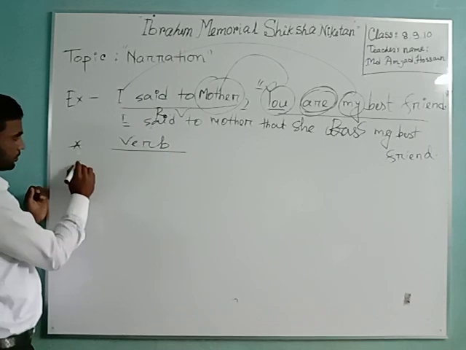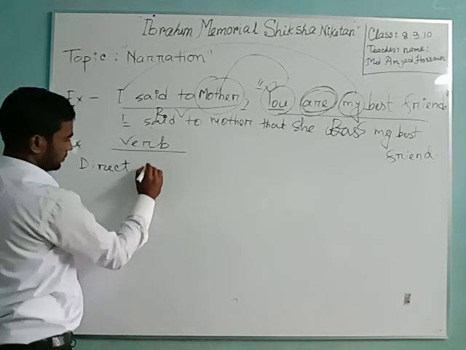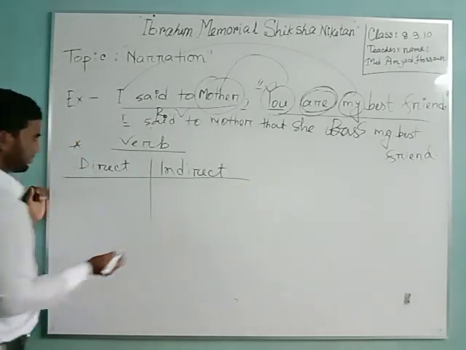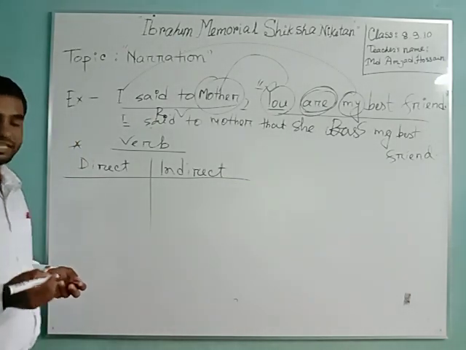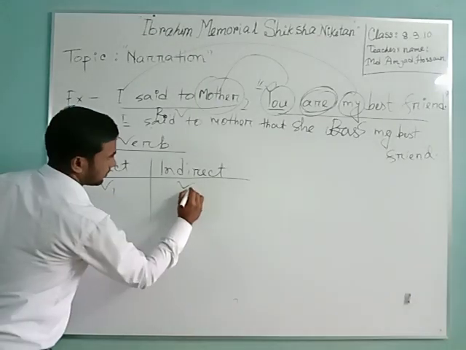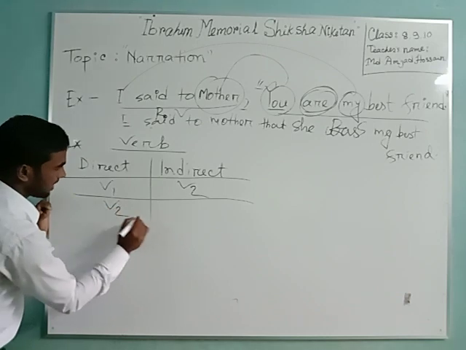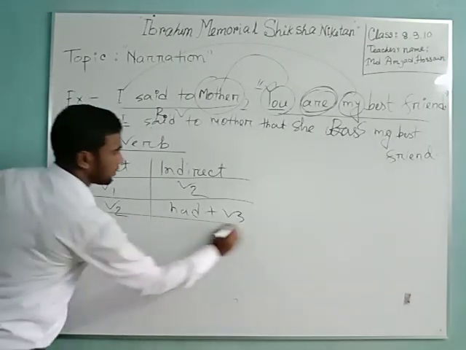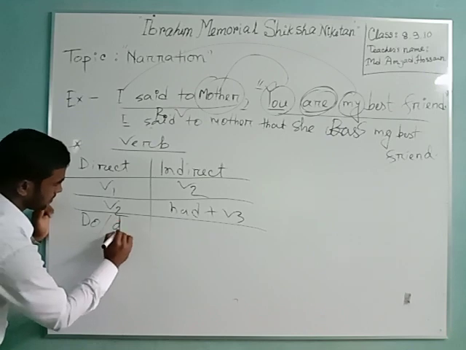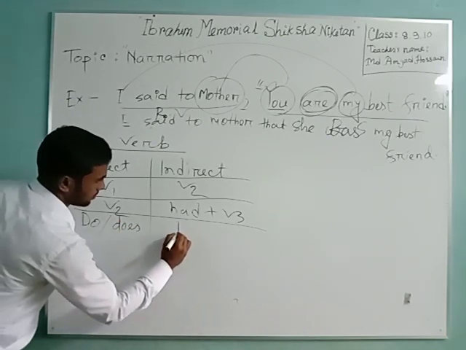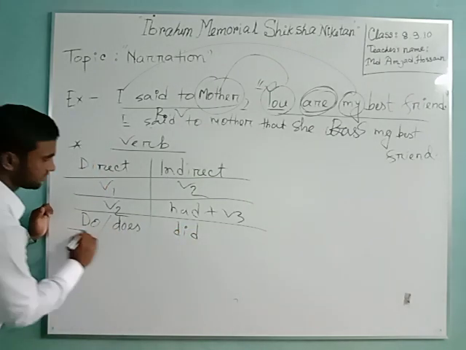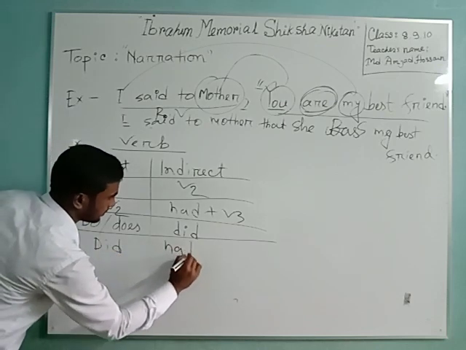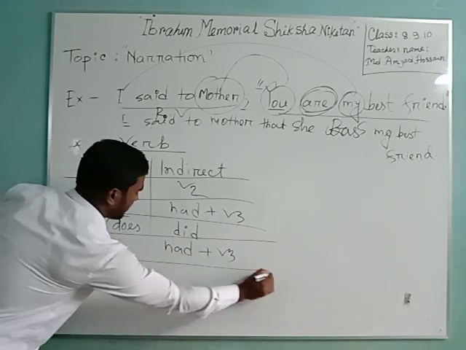Verb. Direct to indirect. We have to change a verb. Verb 1, verb 2. Verb 2, had plus verb 3. Do, does, did. Did, had plus verb 3.